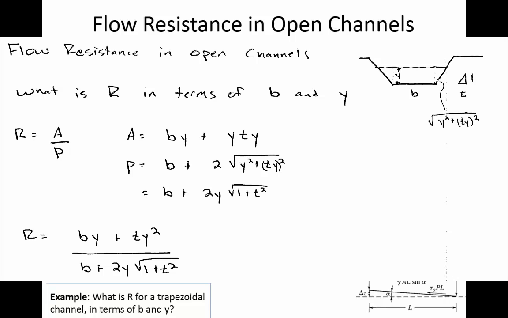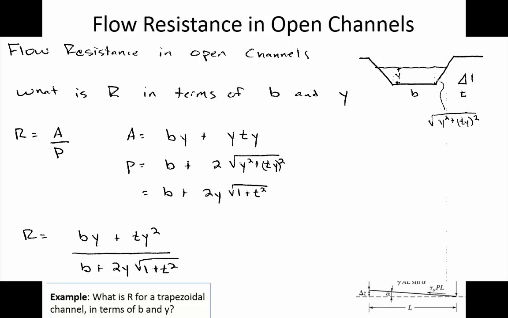And so for a pipe, the perimeter is just going to be pi d. But for this, we're only going to include where the water is touching. That's why sometimes it's just P that you'll see, but sometimes, just to emphasize that it's only the wetted perimeter that we want, P and P_W are identical.